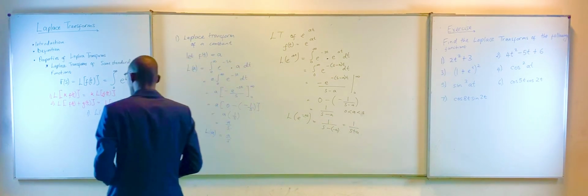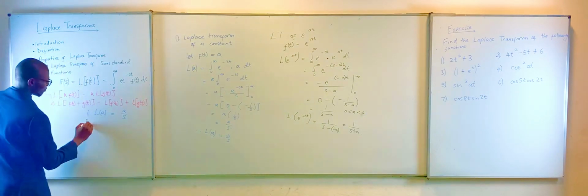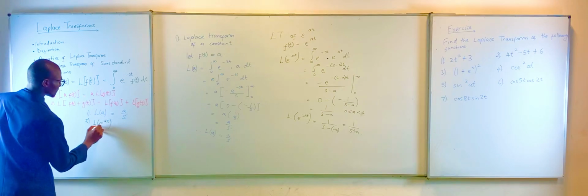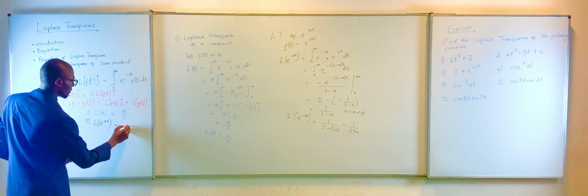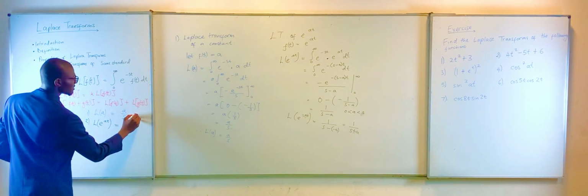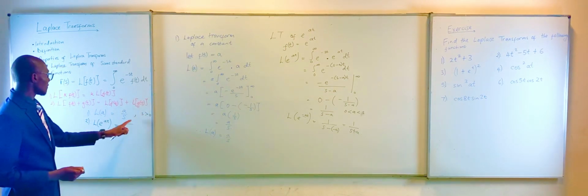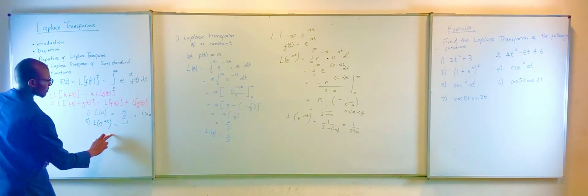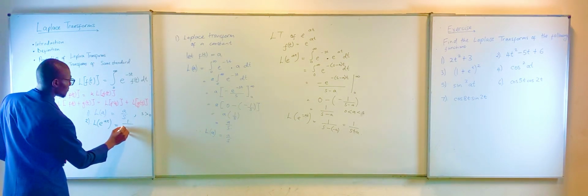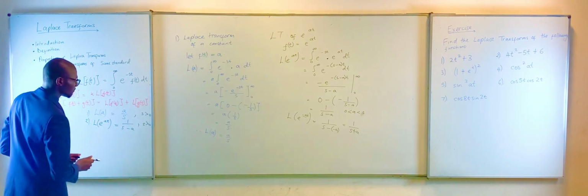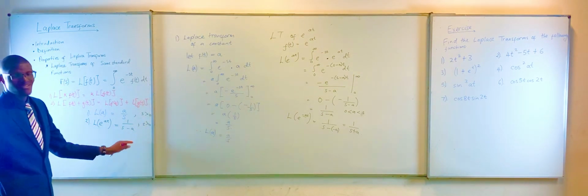So we are also saying that the Laplace transform of e to the power of at is equal to 1 over, and this is valid for s is greater than 0, right? The first one here. So this, we said that would be s minus a for s is greater than 0 and greater than a, right?